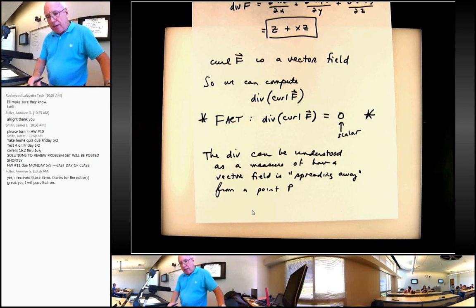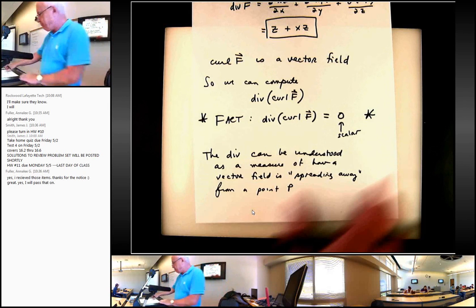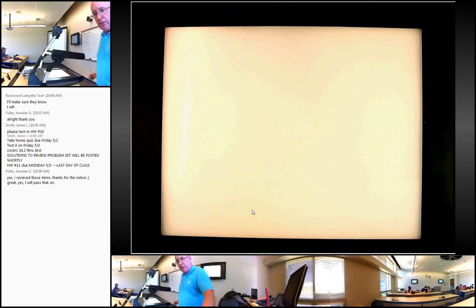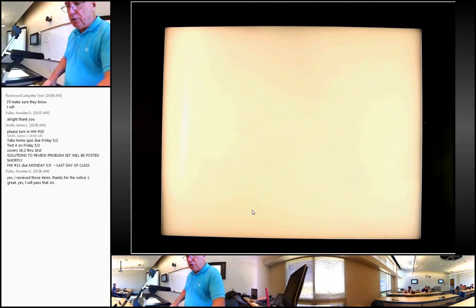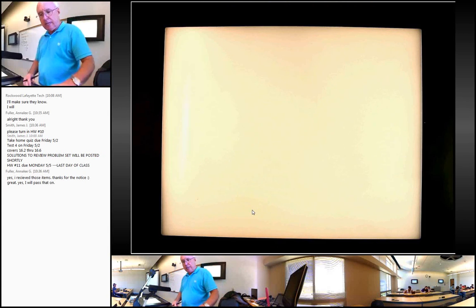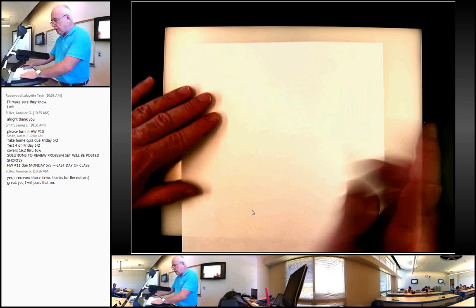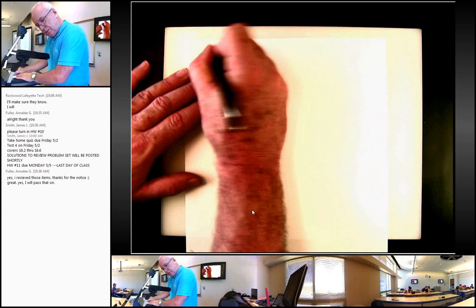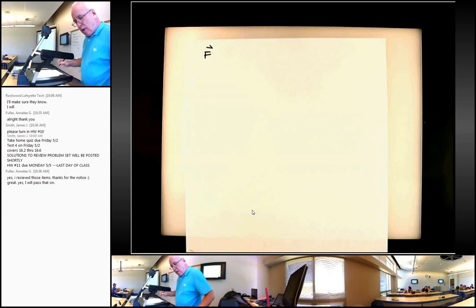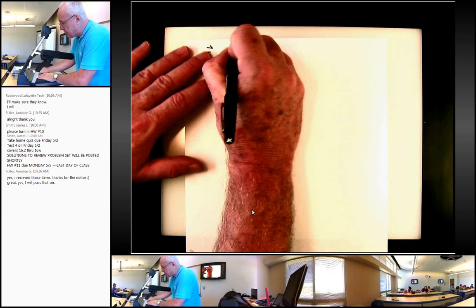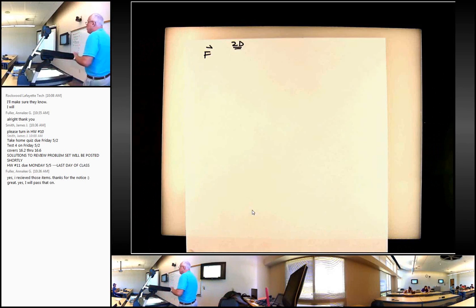So actually, what I have here is some examples just to show you, because this is going to be for you future physicists, engineers, that type of thing. Let's look at three vector fields. For right now, because it's easier to draw, let's just go to 2 dimensions.